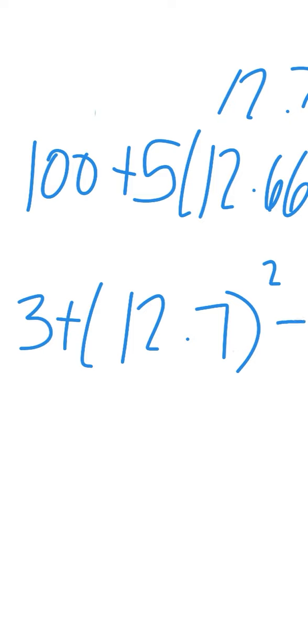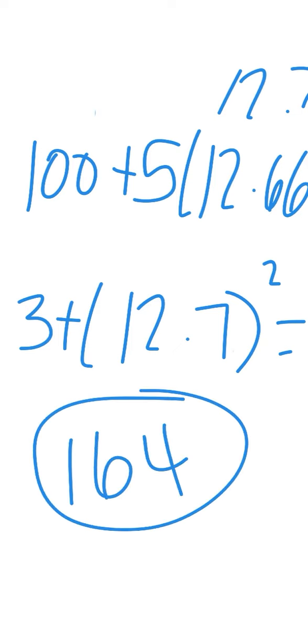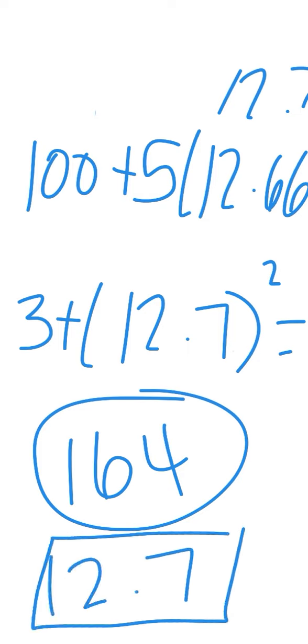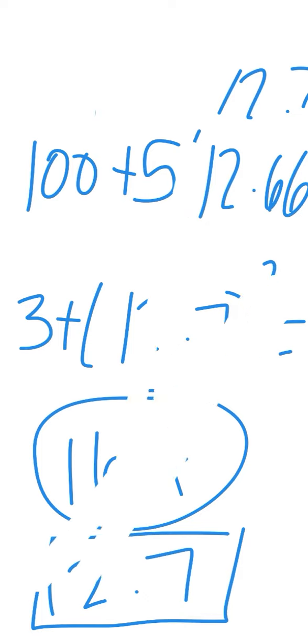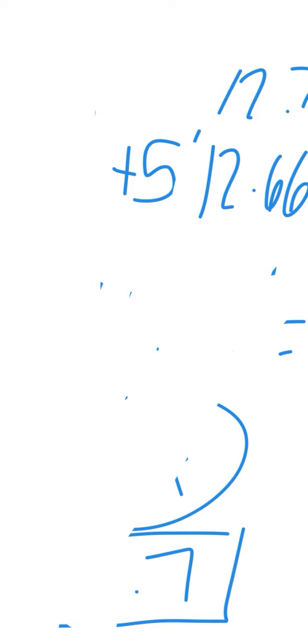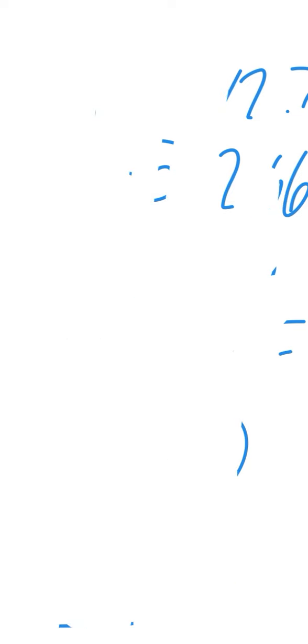If you solve this and you solve this, both of these answers are going to give you 164. And given this answer, you know that at time 12.7, the objects will meet each other. And that's how you solve the first part of question 1.